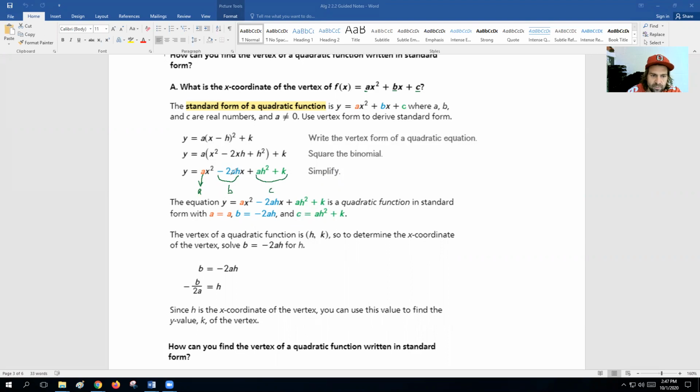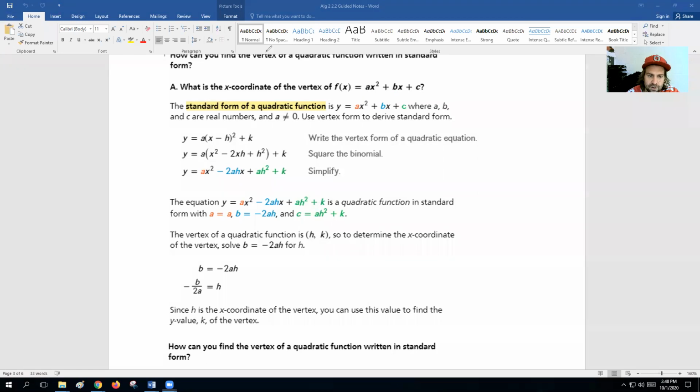The reason that's important is that if I want to get h by itself to figure out part of the vertex, I can use the equation b equals negative 2ah and divide by negative 2a, and that's how we get our h. We can use that to figure out k by plugging it back into the equation.